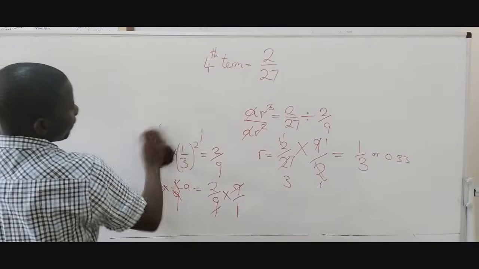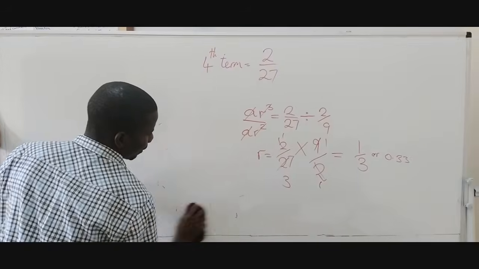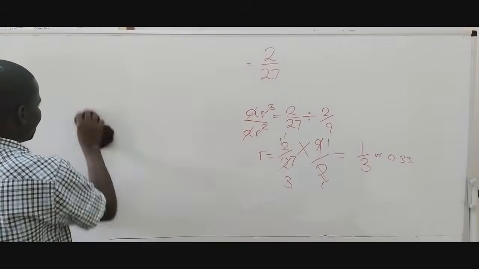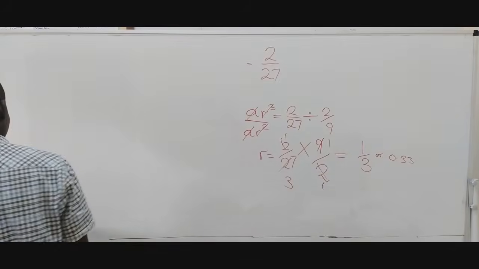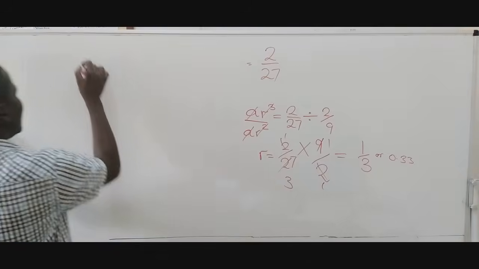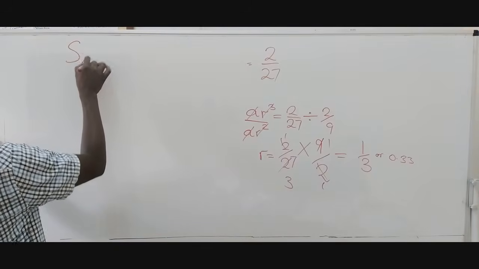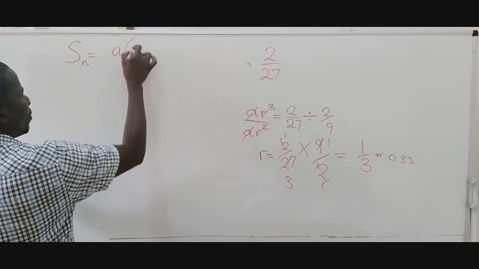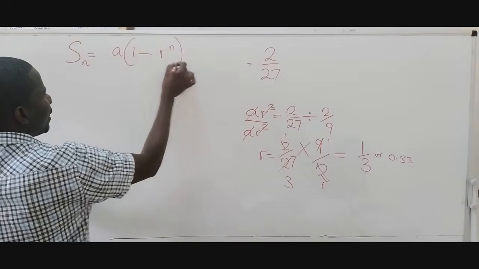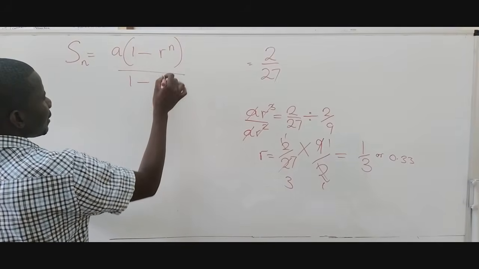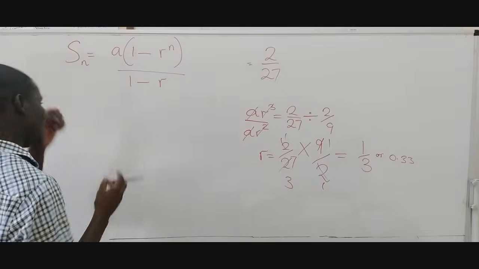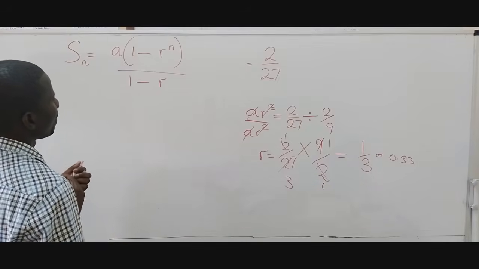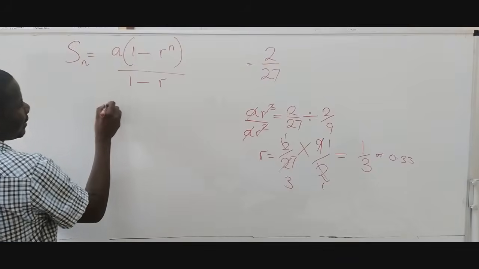Take note here that the formula we are supposed to use, because r is less than 1, is that the sum of the first n terms is equal to a(1 minus rⁿ) over 1 minus r, where a is the first term and r is the common ratio.